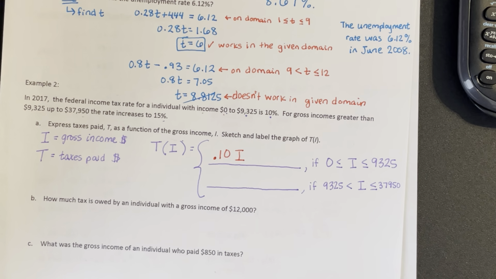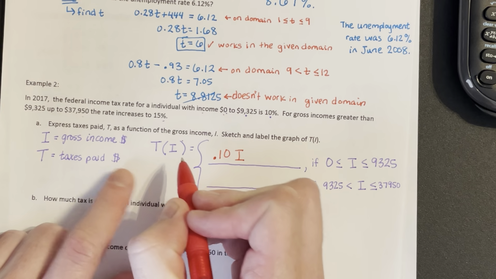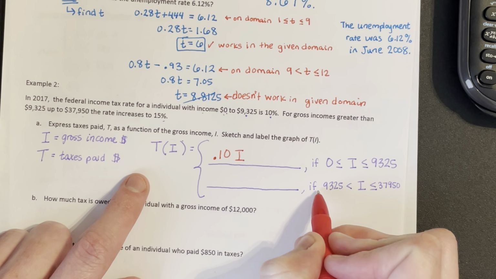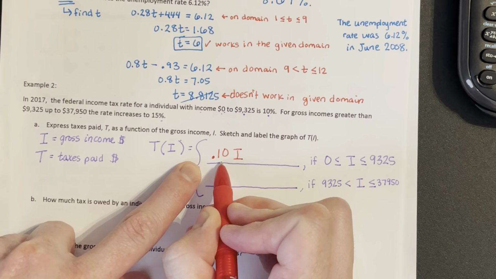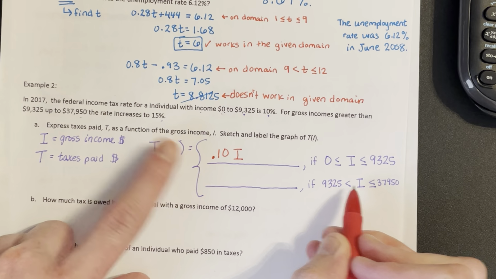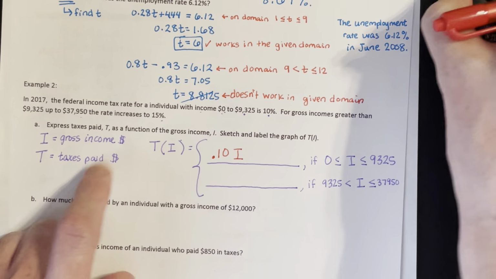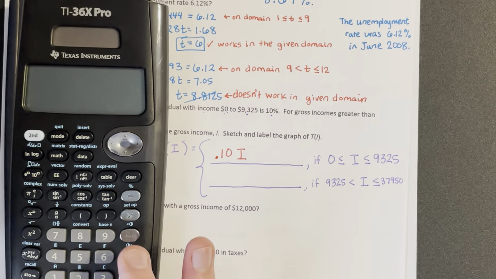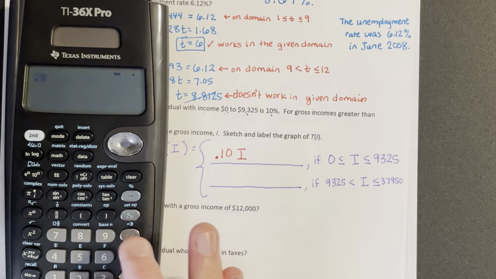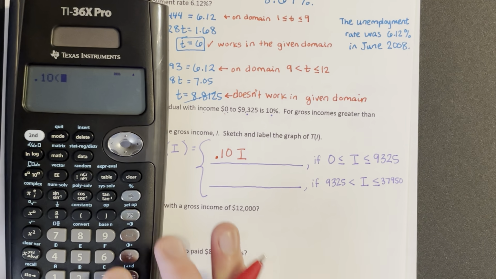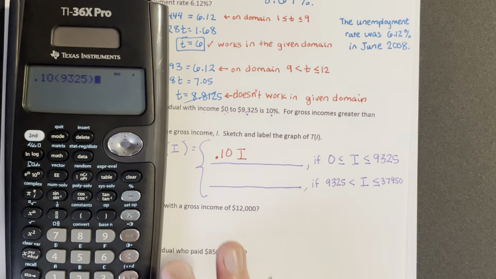So when they're calculating your taxes based on your income, that first amount up to 9,325 is going to be taxed at 10%, and the amount over is going to be taxed at 15%. So I want to pay just 10% of that first initial amount, 9325.